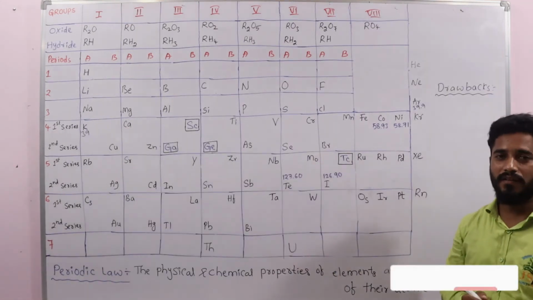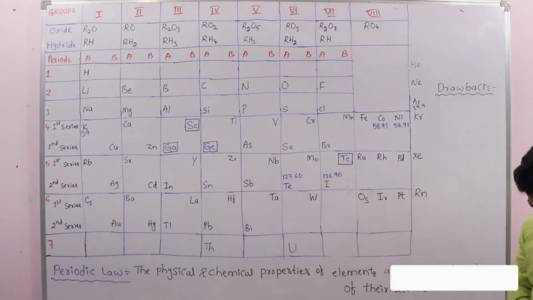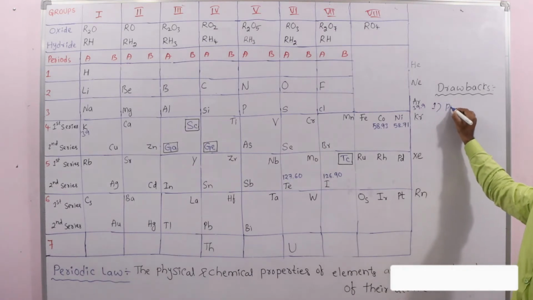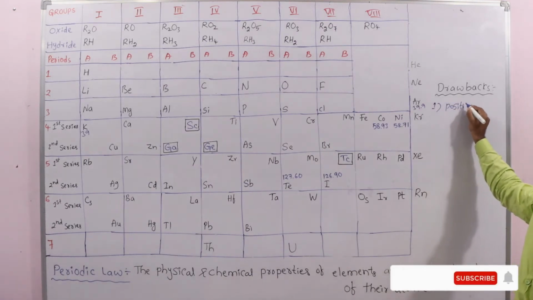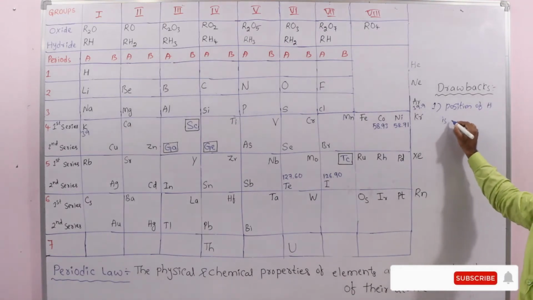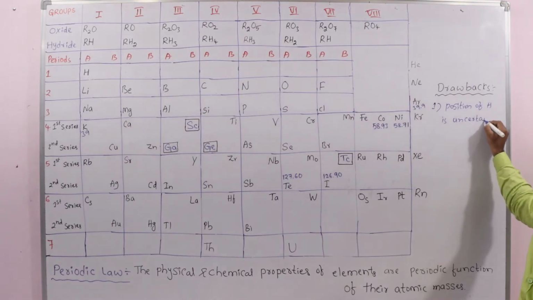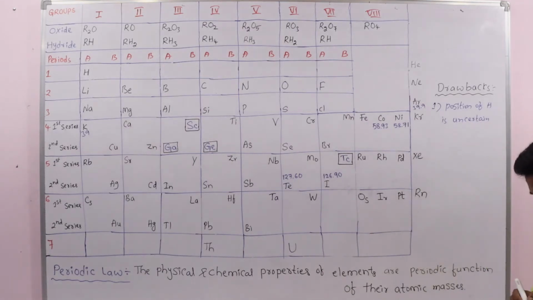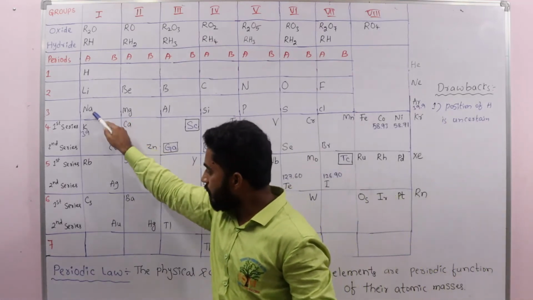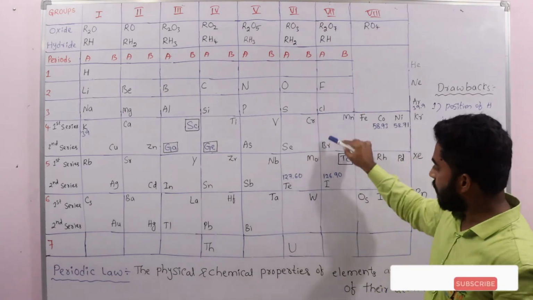Let us see the demerits or drawbacks of Mendeleev's periodic table. The first drawback is the position of hydrogen, which is uncertain, because hydrogen shows similar properties to the first group elements as well as to the seventh group elements.